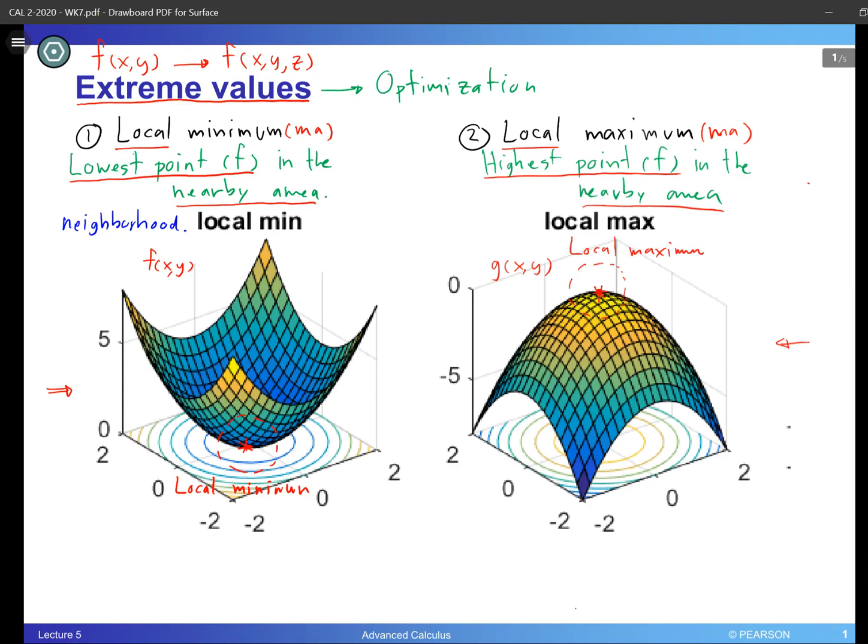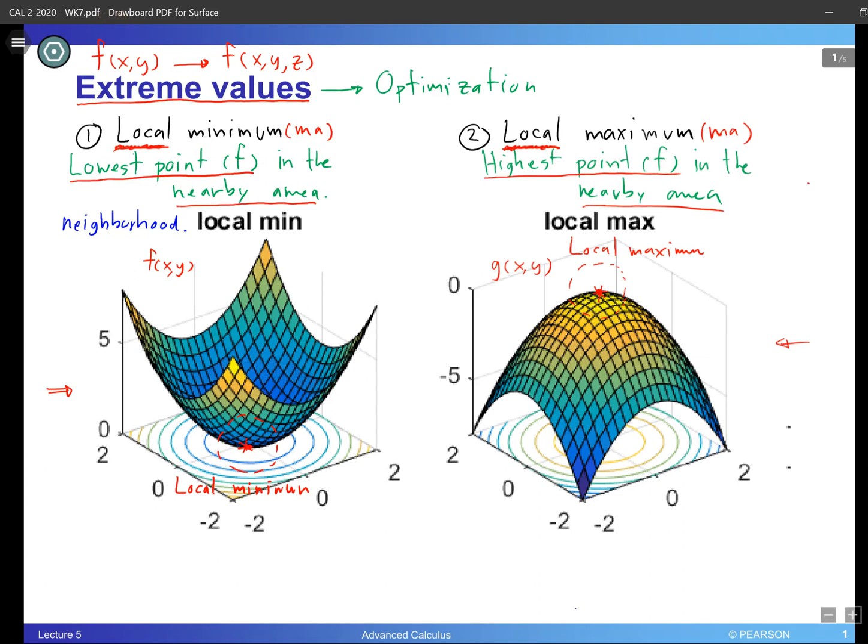Now that we talk about the local right here, the word local, I need to remind you that it's also possible to find the lowest and the highest points in the entire area or the space. So when we talk about local, we talk about nearby, right? It's possible to find ones for the entire area. And if you find them, we are going to call them absolute minimum and maximum.